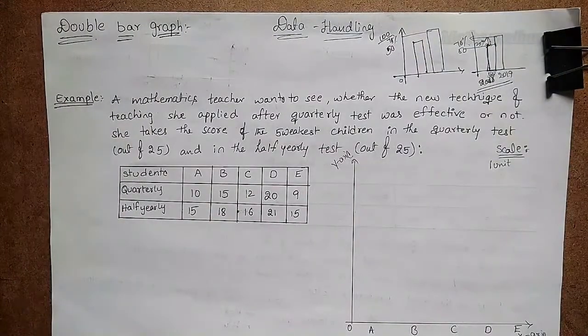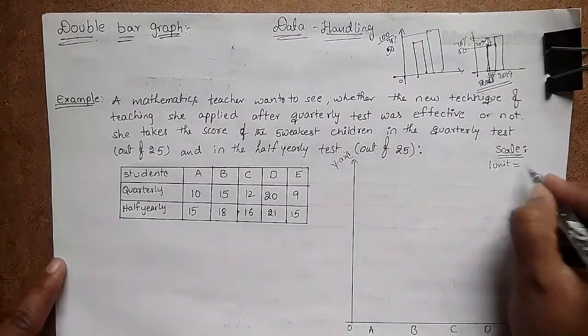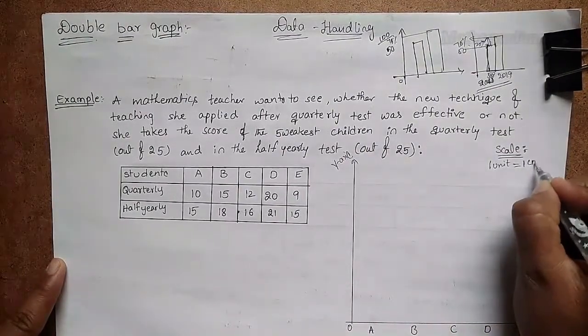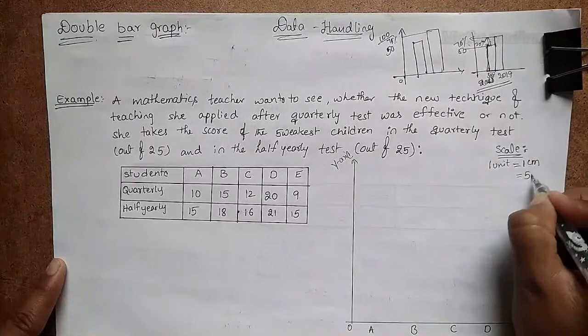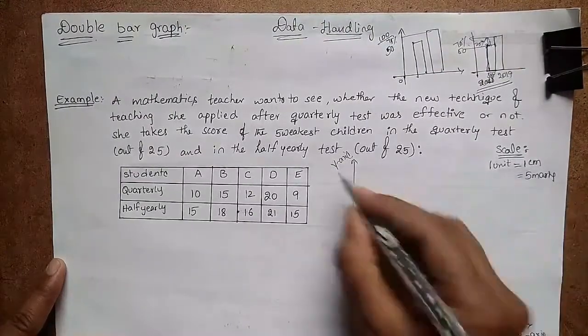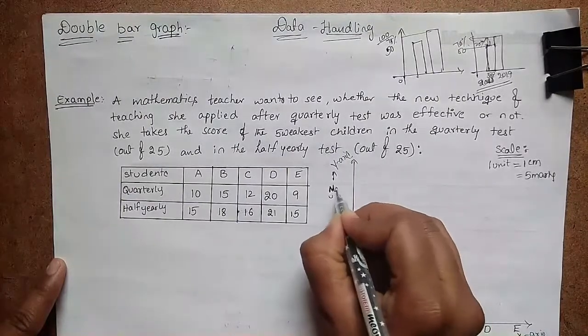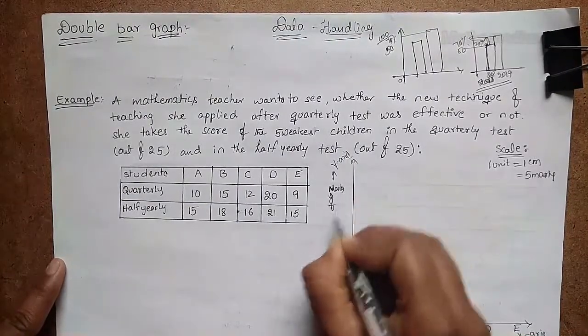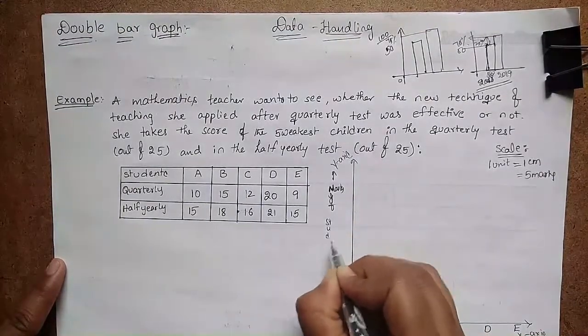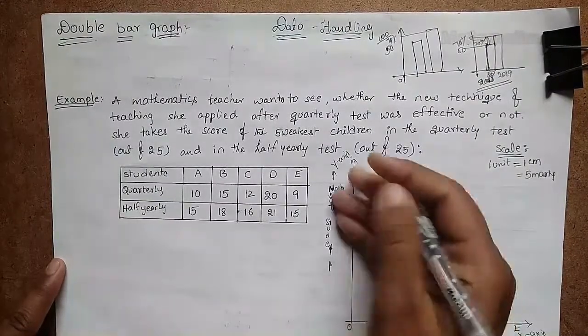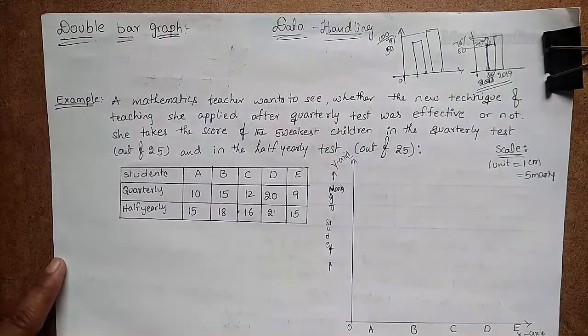Now I am taking 1 centimeter equal to 5 marks of the students. So on the y-axis we are representing the marks of the students, and this is the names of the students.